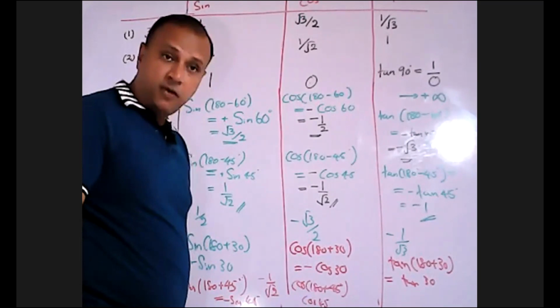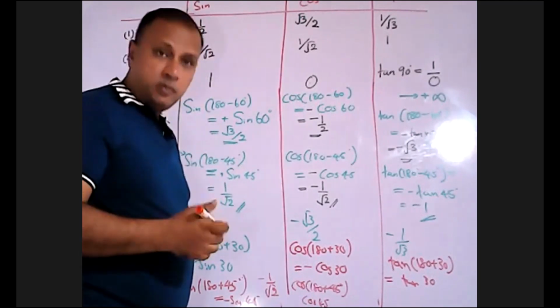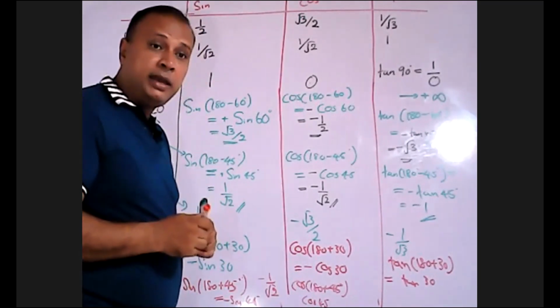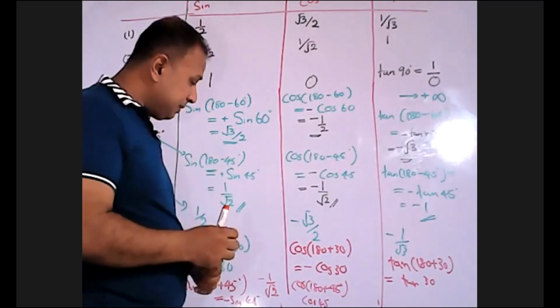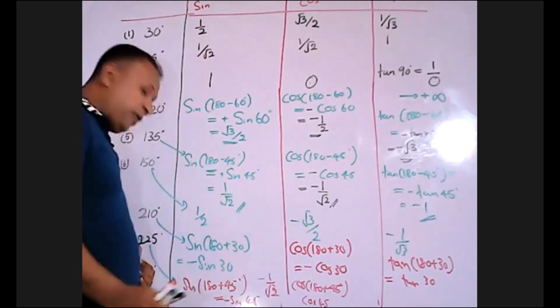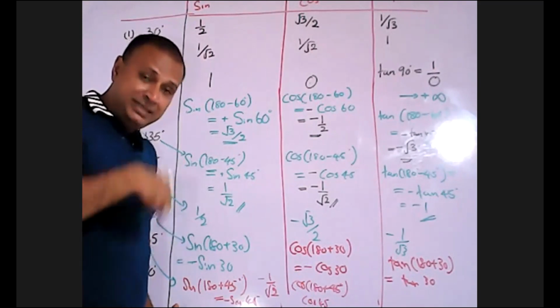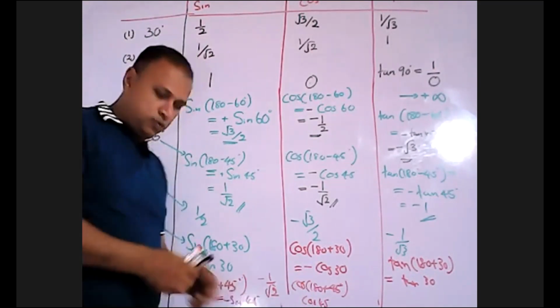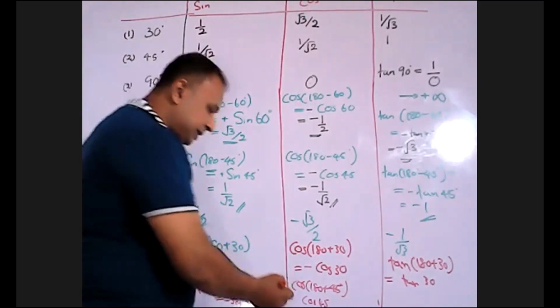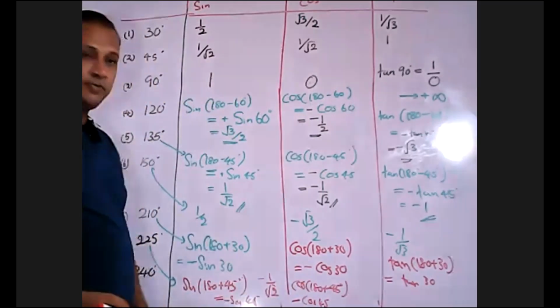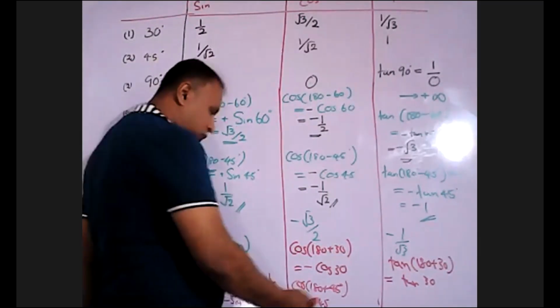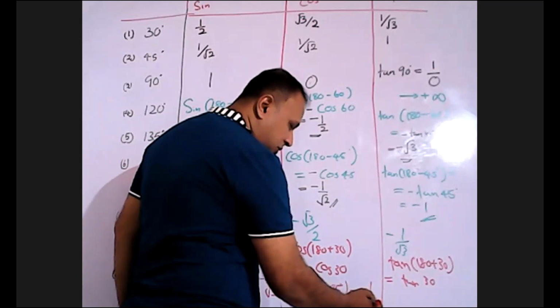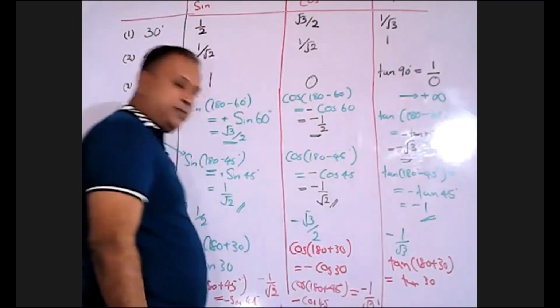Then determine the positive or negative sign. 225 belongs to the third quadrant. In the third quadrant, cos values are negative. Therefore, cos 225 is equal to minus 1 over root 2.